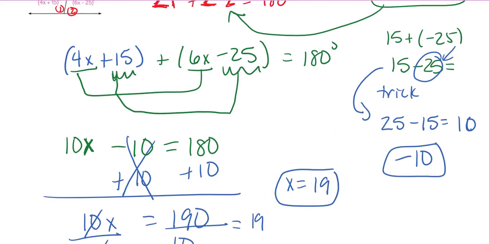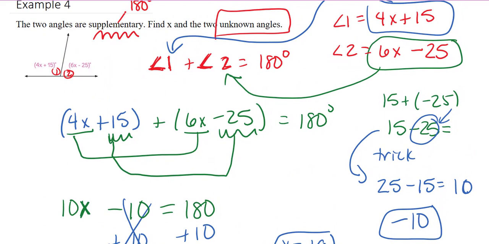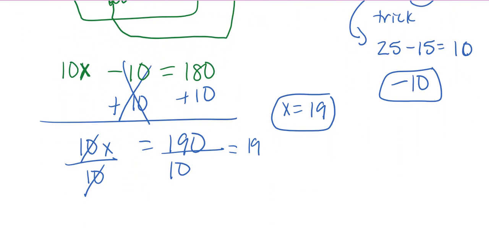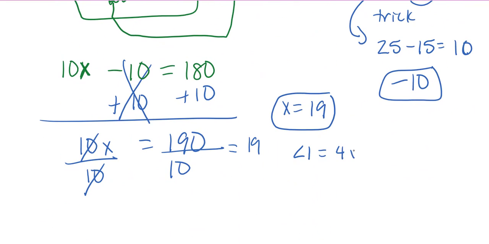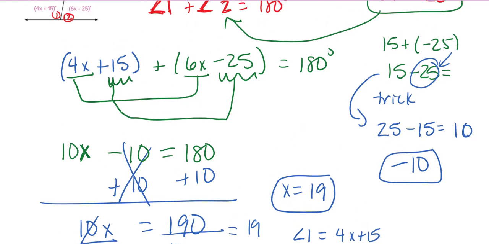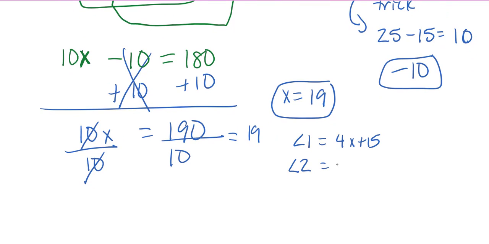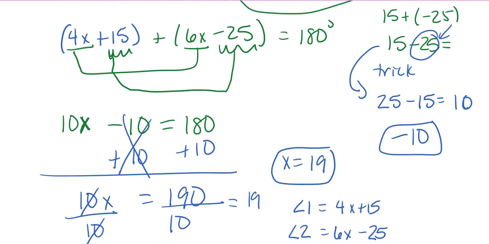If we go back, we found x is equal to 19, and then we need to find the two unknown angles, angle 1 and angle 2. The first angle is 4x plus 15. Angle 2 is equal to 6x minus 25.